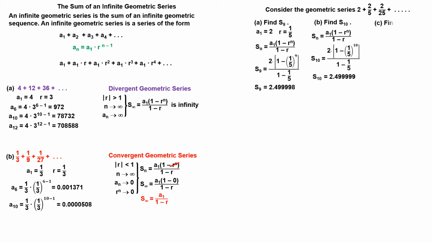Find the sum of the infinite terms. Since this infinite geometric series is convergent, we use the formula for the sum of an infinite geometric series. Replace the first term with 2 and the common ratio with 1 over 5, and perform the calculations.